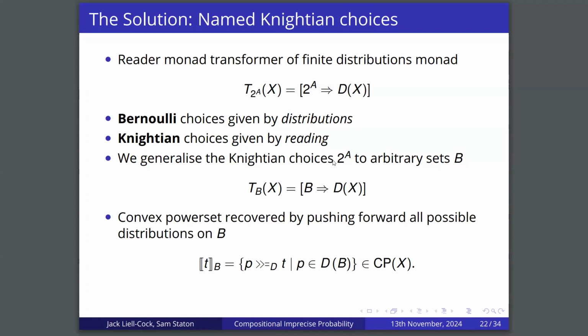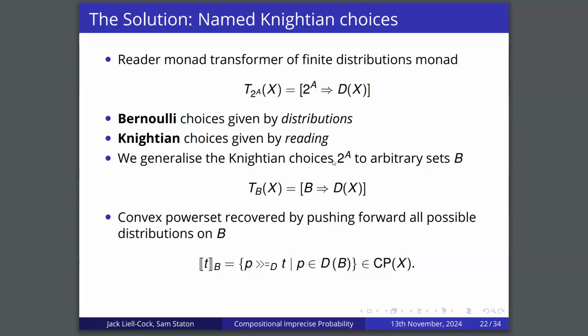And then from this monad, we can actually indeed recover the convex power set monad, basically by looking at all possible distributions on B. So this is equivalent to what I was saying earlier, where we look at all possible distributions on B. So we can think of B maybe as its own probability, and we look at every single possible convex combination of B, and then we push that forward on the function here to DX to find out what all possible distributions on X are given the non-deterministic paths we have access to.